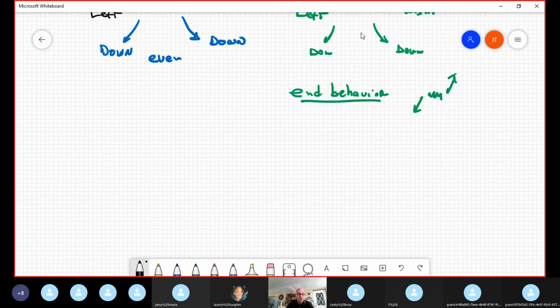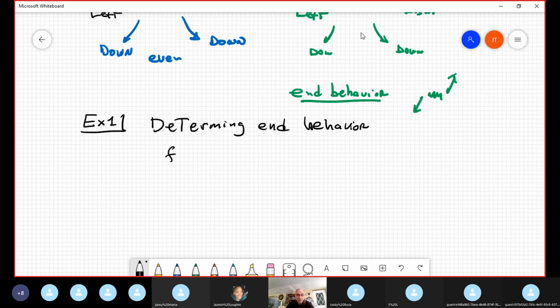Okay, determine end behavior. Example 1 for the polynomial end behavior. Suppose determine the end behavior of the following polynomial: f of x is equal to minus 4x to the 5th power plus 6x to the 4th power plus 2x.